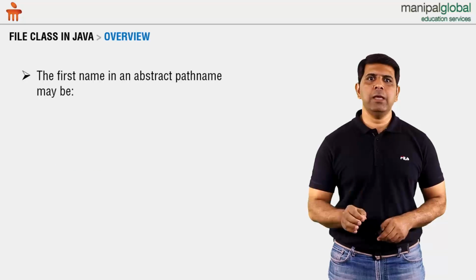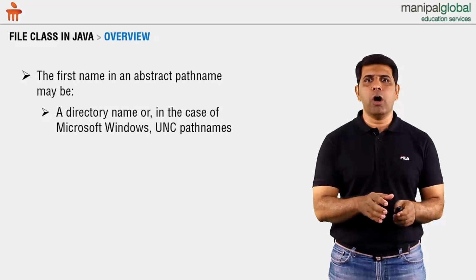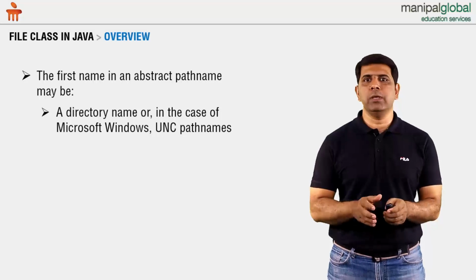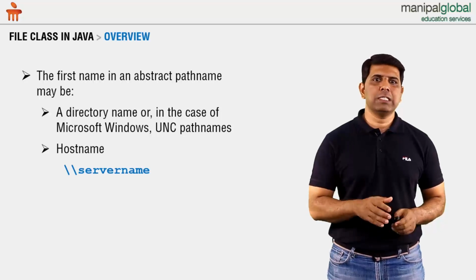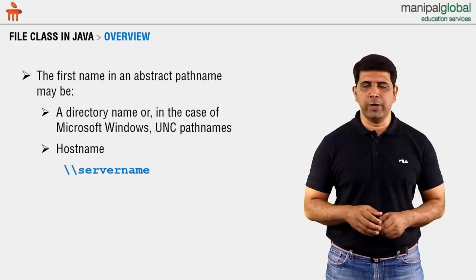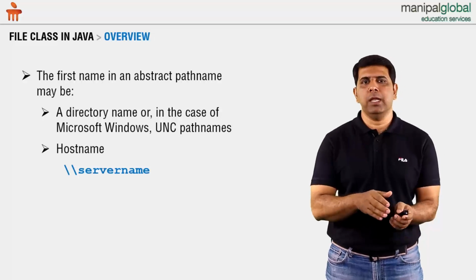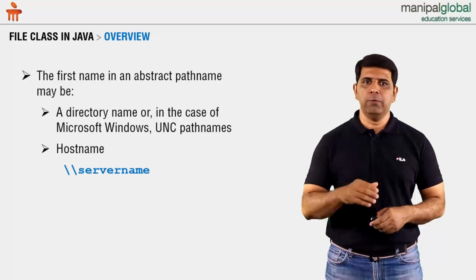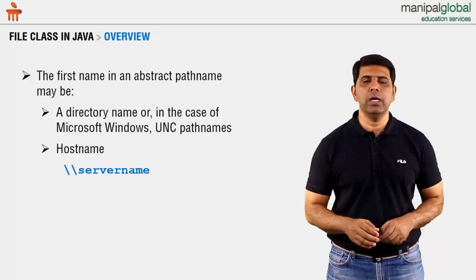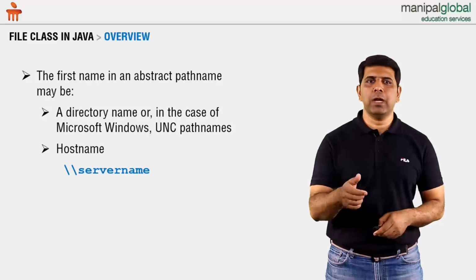Now, the first name in an abstract path name may be a directory name, or in case of Microsoft Windows, it can be a UNC path name or a host name such as /servername. For example, if my computer name is something like my laptop, I can say /mylaptop. If I want to connect to yours via network, I can say /yourcomputer, or probably your IP address.